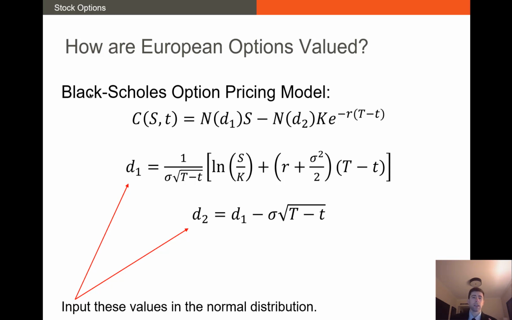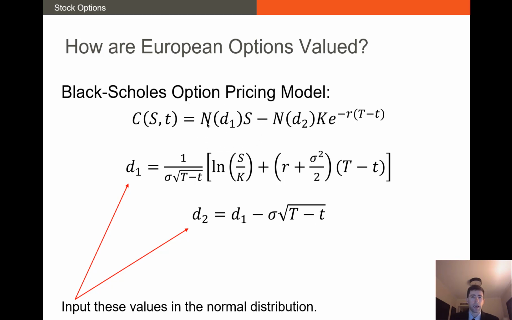Now, what does this thing do? Well, this essentially says that the price or premium for a call option with an underlying stock price of S and time to maturity of T is equal to everything that we see here.